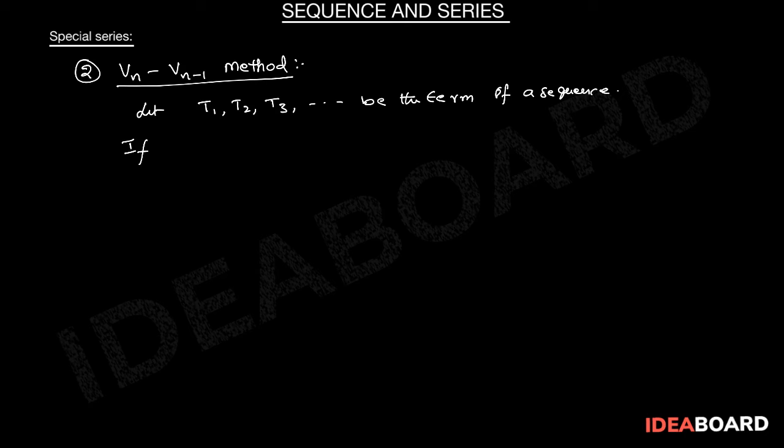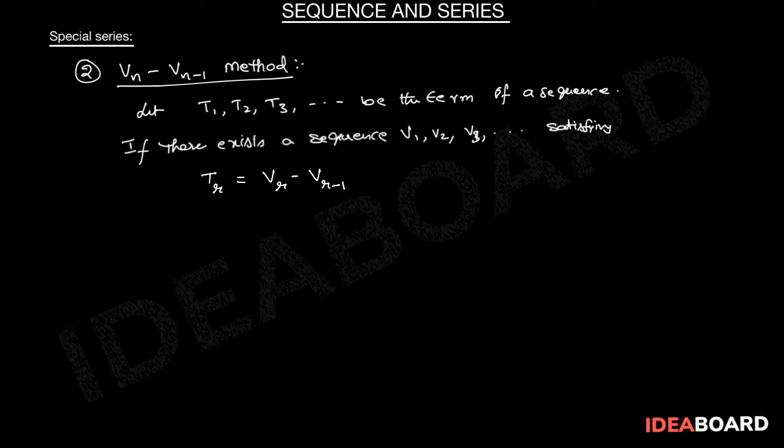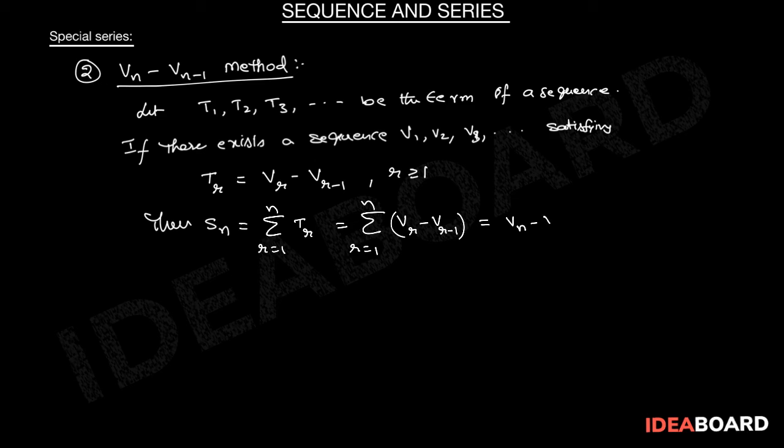If there exists a sequence V1, V2, V3 and so on satisfying Tr equal to Vr minus Vr minus 1, here r is greater than or equal to 1, then the sum of n terms of the sequence equal to sigma r equal to 1 to n Tr, that equal to sigma r equal to 1 to n (Vr minus Vr minus 1), that equal to Vn minus V naught.